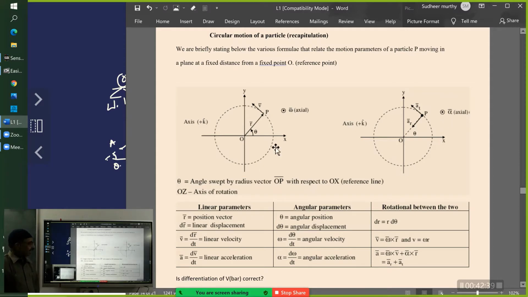Can it be possible that omega bar is out of the board and alpha is into the board? Yes, it is possible. When? When the particle is decelerating, when the speed of the particle in the anti-clockwise direction is decreasing.